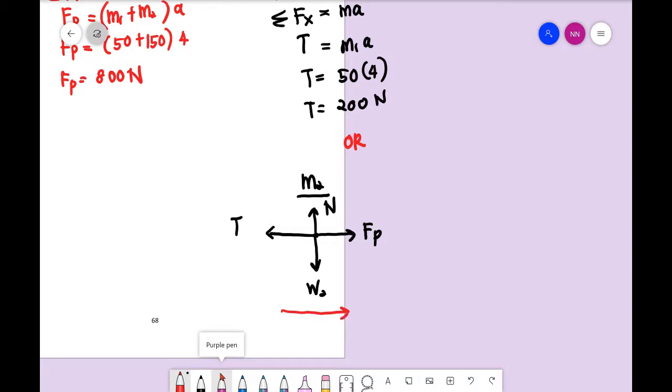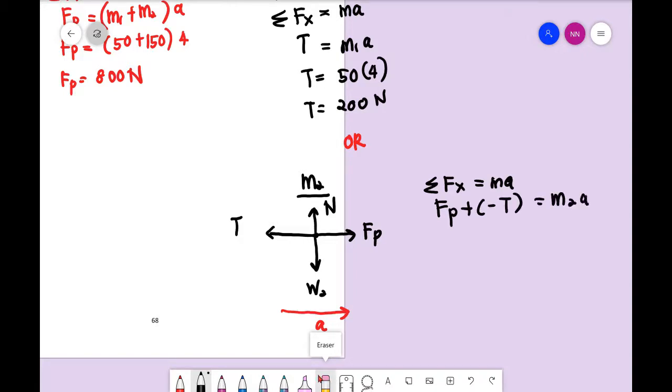Okay, so it is accelerating to the right. So we may apply net force X equals to MA. FP is the same direction as A, so it's positive, and T is opposite direction of A, so it is negative.